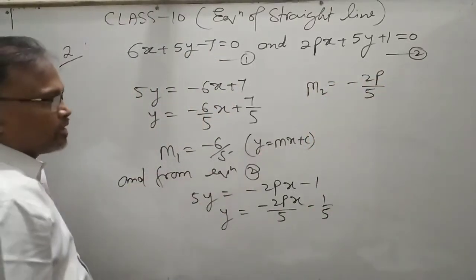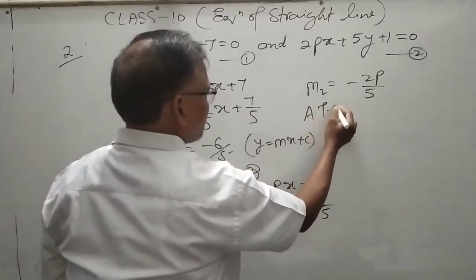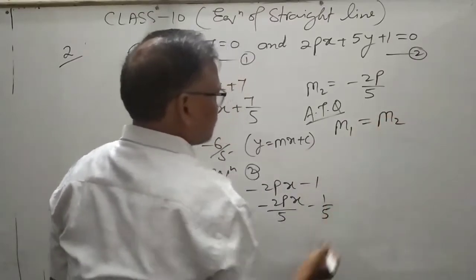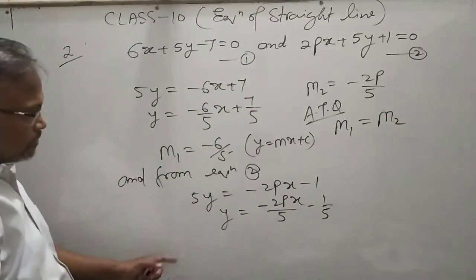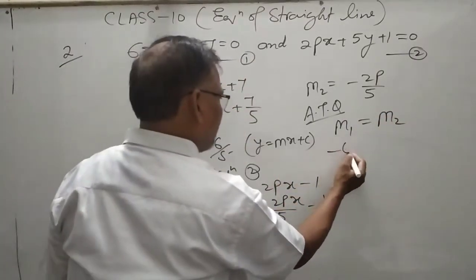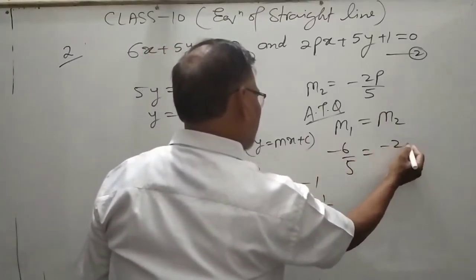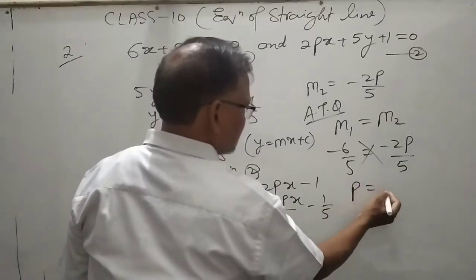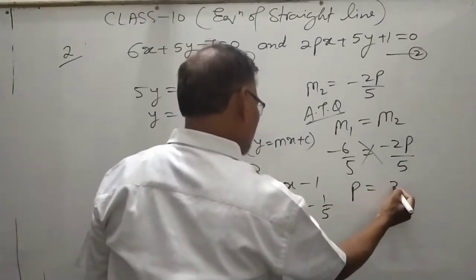According to the question, because the two lines are parallel, the slopes are also equal. Put the values: minus 6 by 5 is equal to minus 2p by 5. Simplify, and you will get p is equal to 3.